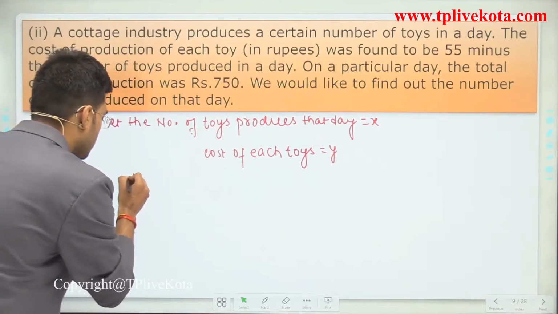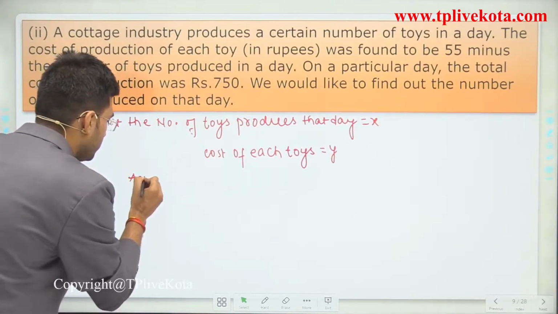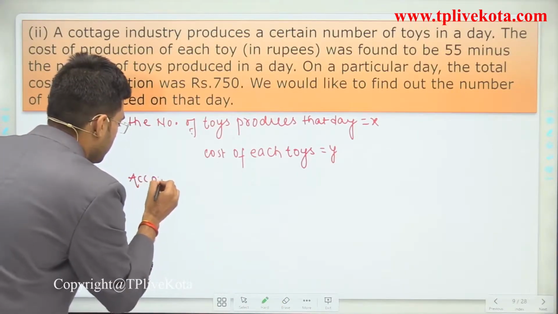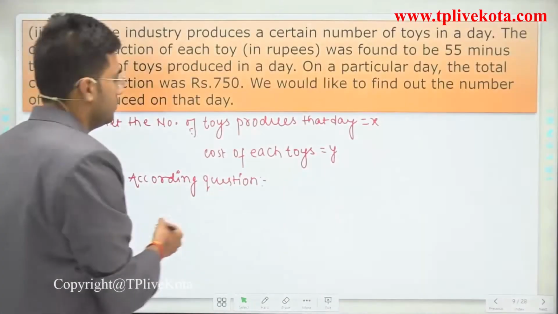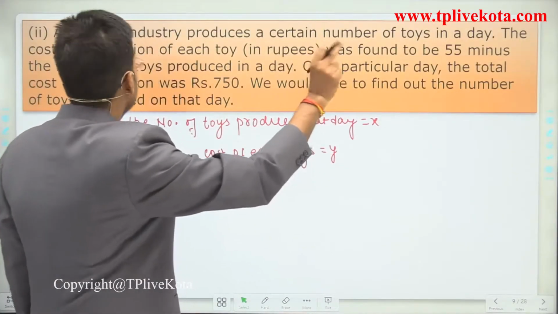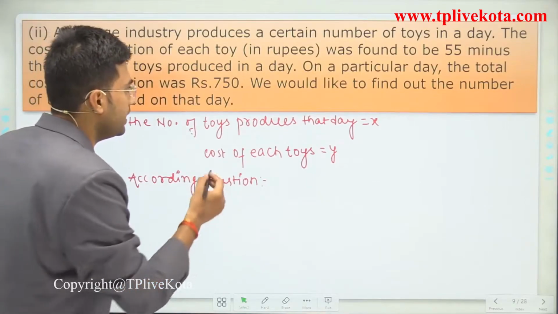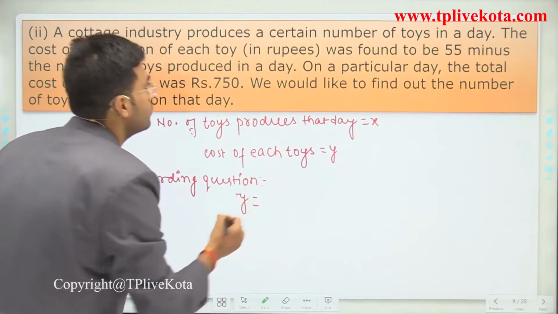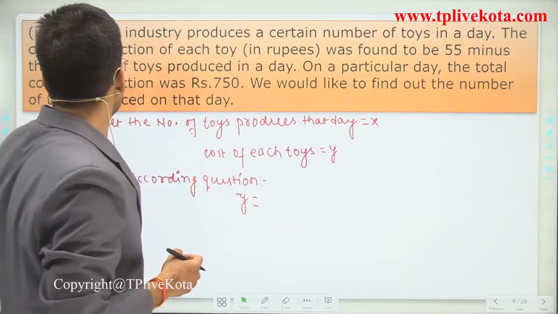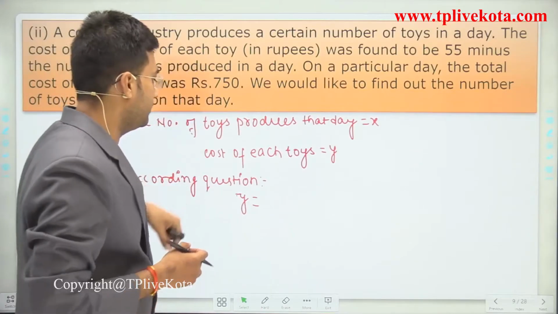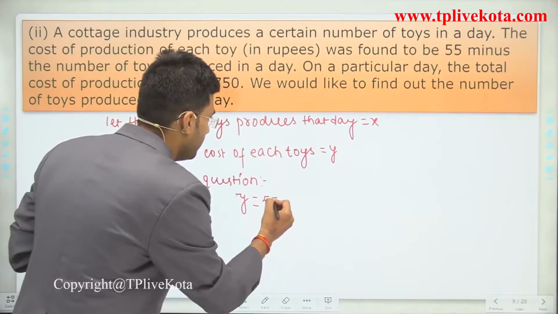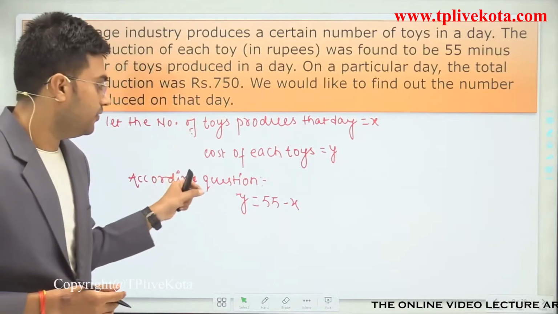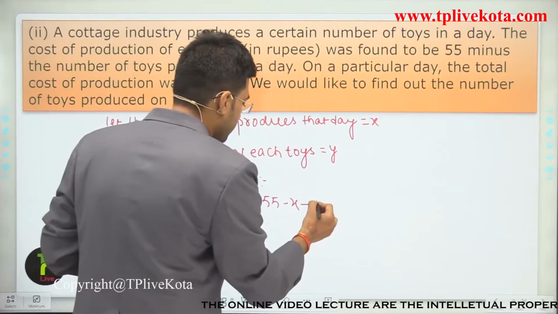So according to the question, the cost of production of each toy, that is y, is equal to 55 minus the number of toys produced in a day. So y is equal to 55 minus x. So this is equation 1.